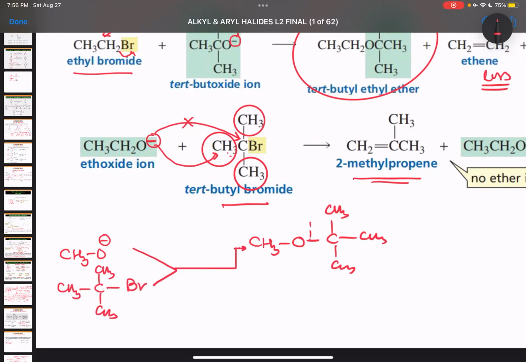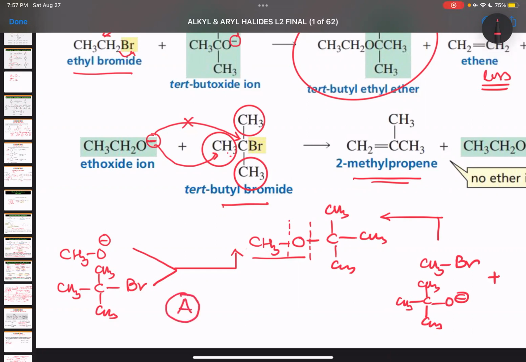What you did, you took O with CH3 and Br with the tertiary butyl, which gives tertiary butyl methyl ether. Or what you can do is, you can take CH3Br and take the ether part as the alkoxide. Which one is more appropriate, option A or option B?